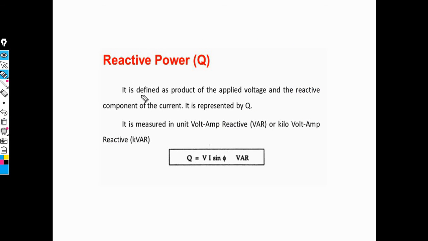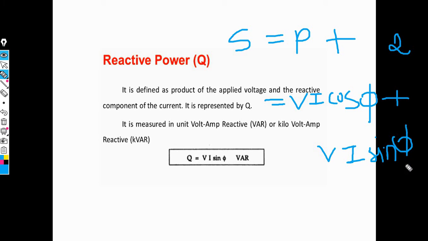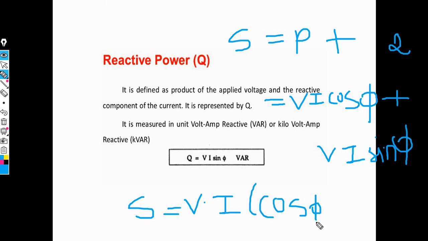Okay, that means the final expression is S is equal to P plus Q. P means V into I cos phi, plus Q, that is V into I sin phi. Then S is equal to V into I, taking common, cos phi plus sin phi.